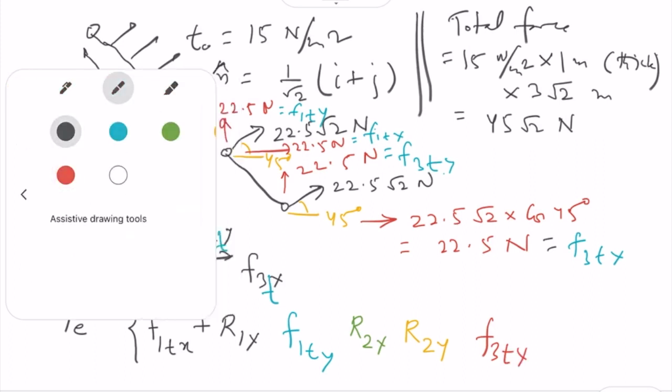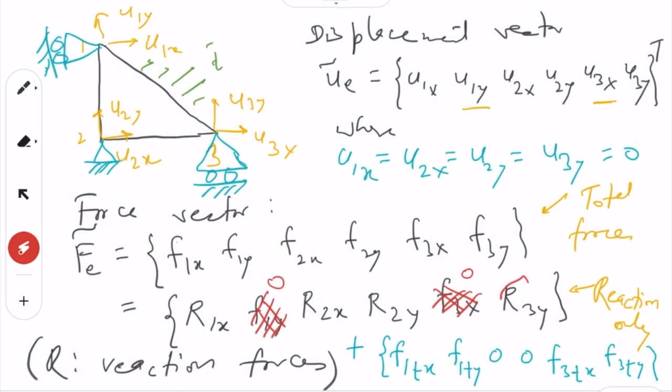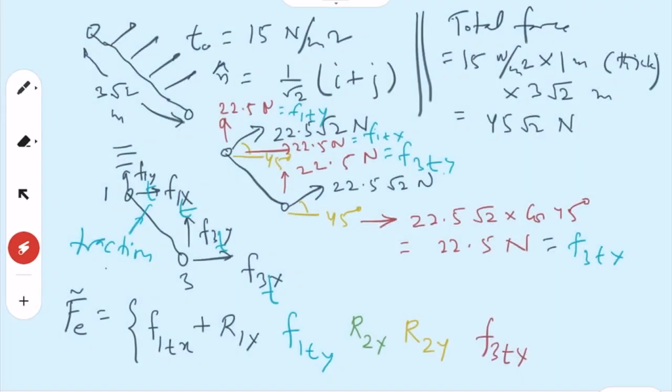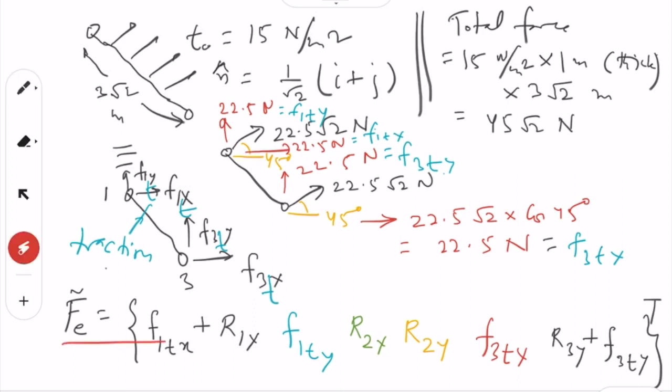And then we have the last one, which is R3y plus F3Ty, R3y, plus F3Ty, transpose of that. Okay.